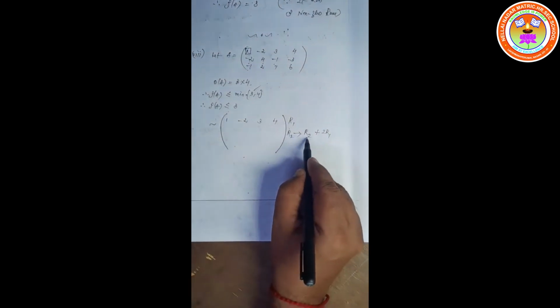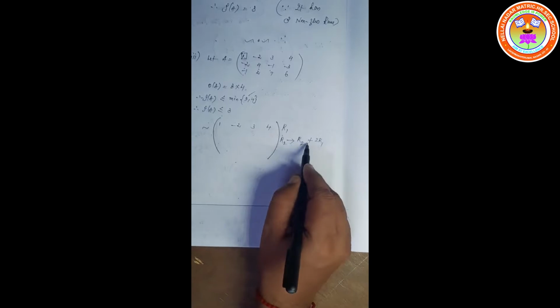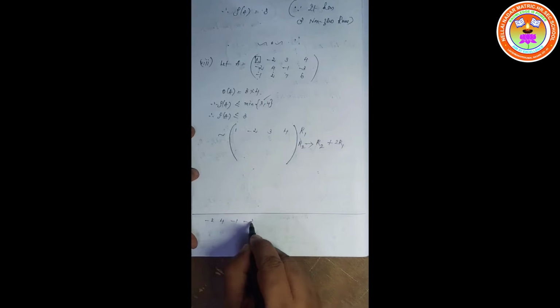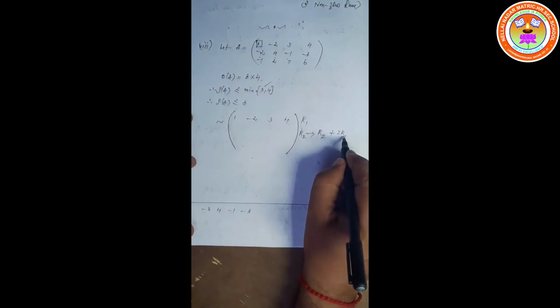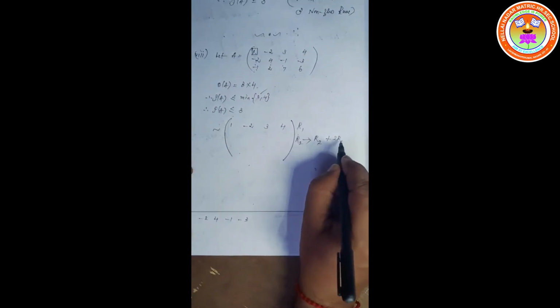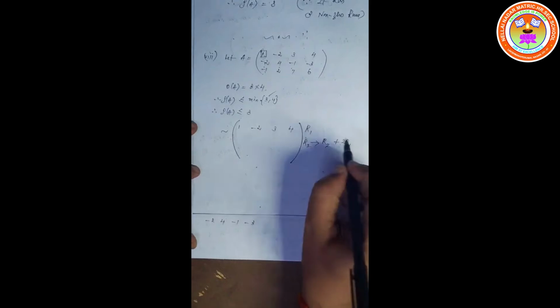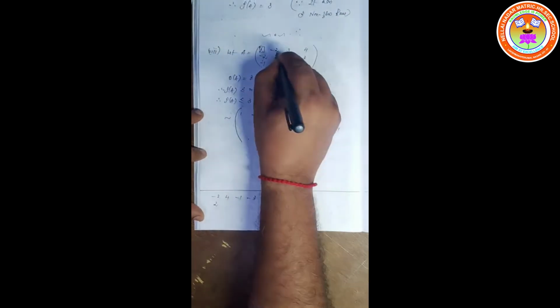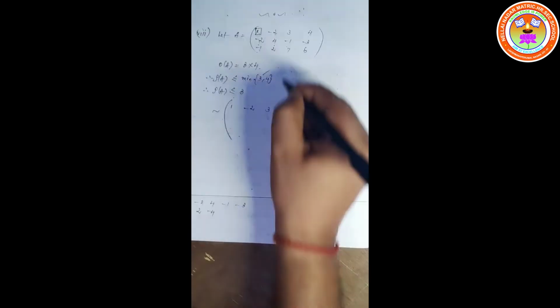I do the calculation in rough work. Look at that, R2 plus 2R1. R2 as it is: minus 2, 4, minus 1, minus 3. Each and every element of R1 should be multiplied by 2. 2 ones are 2, 2 into minus 2 is minus 4, 2 threes are 6, 2 fours are 8.